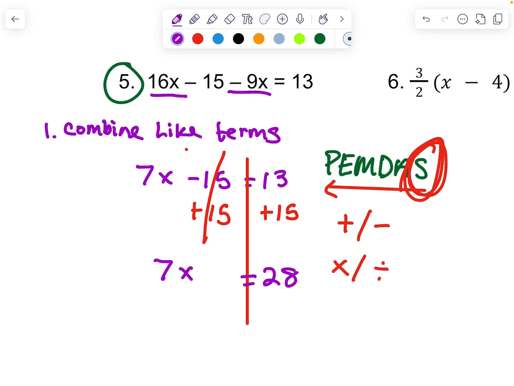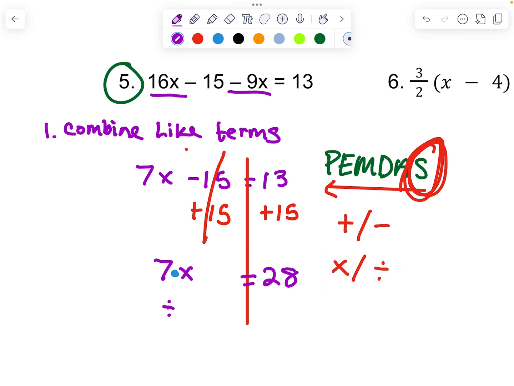Okay? We're close to solving for x, getting it by itself. But right now, we have this 7 being attached to the x, and it's attached through multiplication. When they're next to each other like that, that means they're multiplied. So, because we're all about undoing things now, I need to undo this multiplication by looking at, okay, what's the opposite of multiplication? It's division.